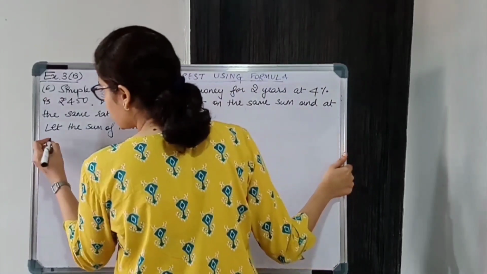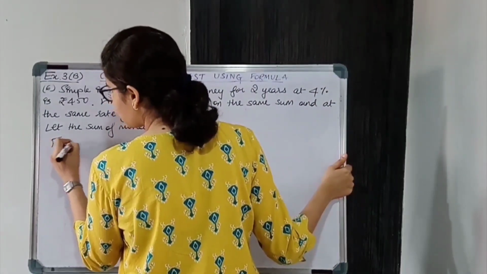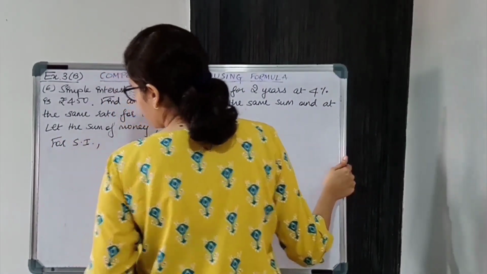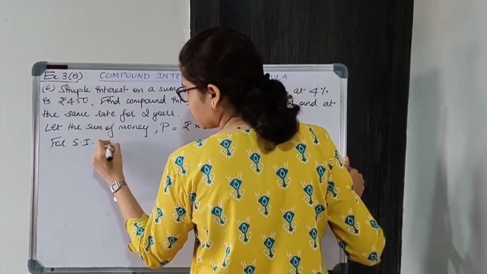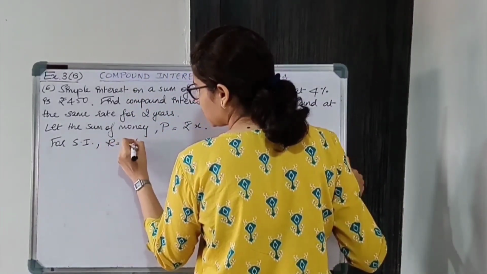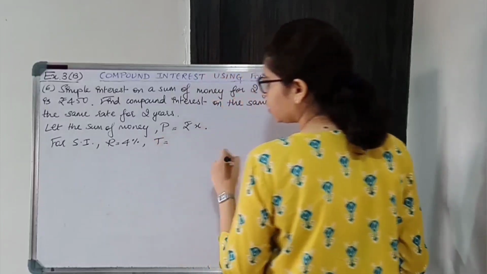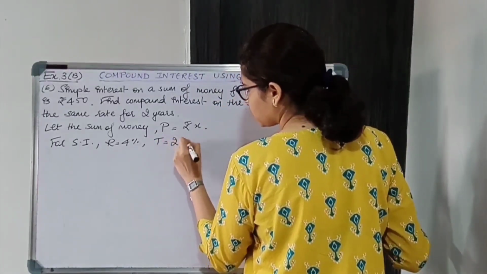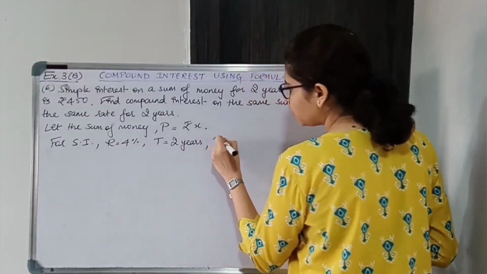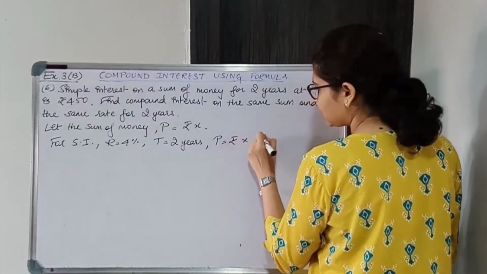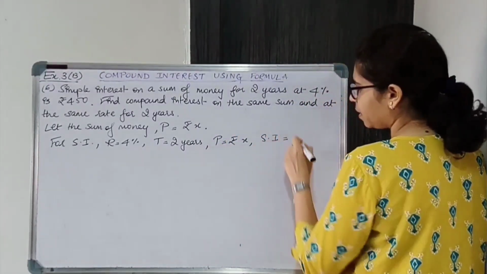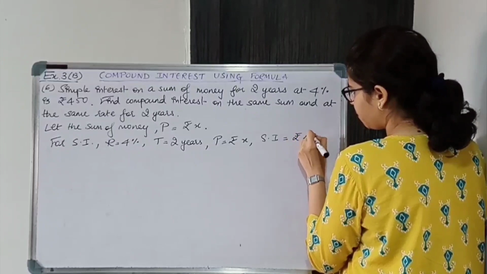So let us find the principal using simple interest. So we are given rate of interest, it is 4%. Time period, it is 2 years. Principal we assume to be X rupees and simple interest is 450.